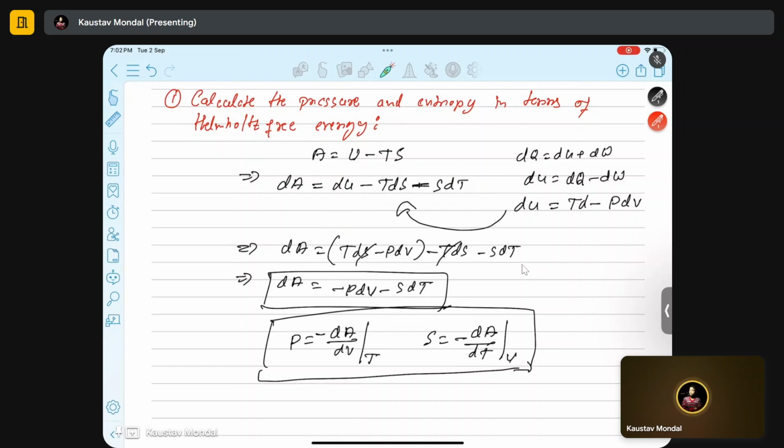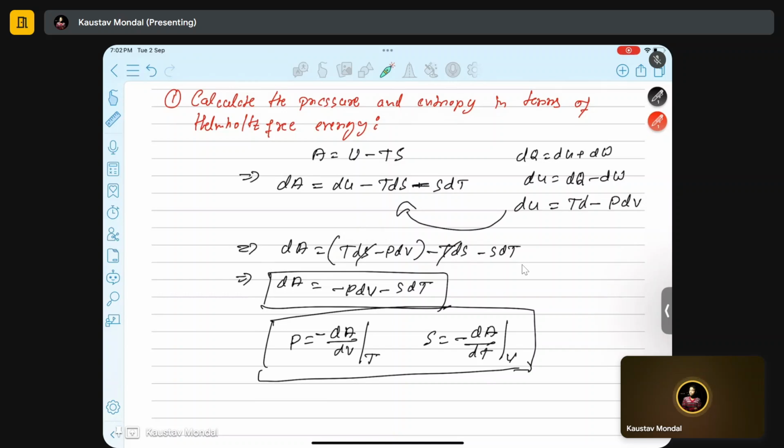TdS cancels, so you remain with minus PdV minus SdT.